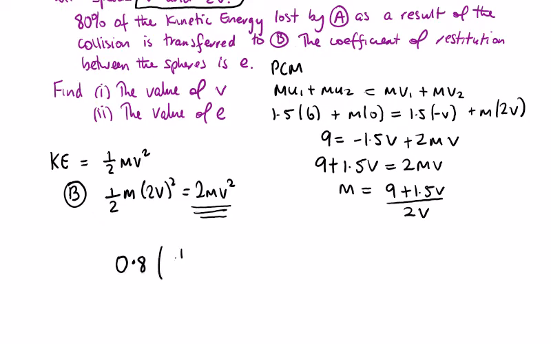So we're going to get 0.8 of the kinetic energy lost by A. It's a half mv squared initially, a half 1.5, and 6 was the speed initially. And we don't know the speed afterwards, this v.